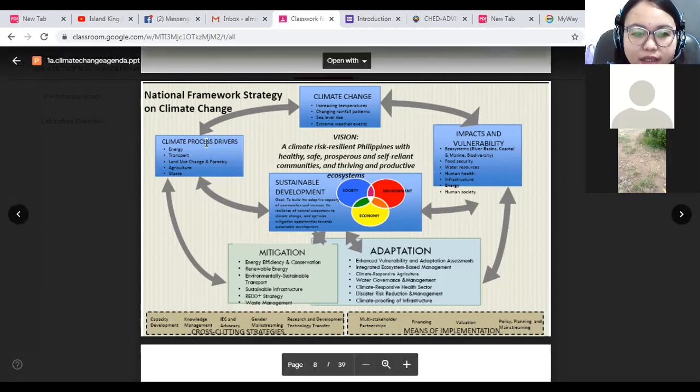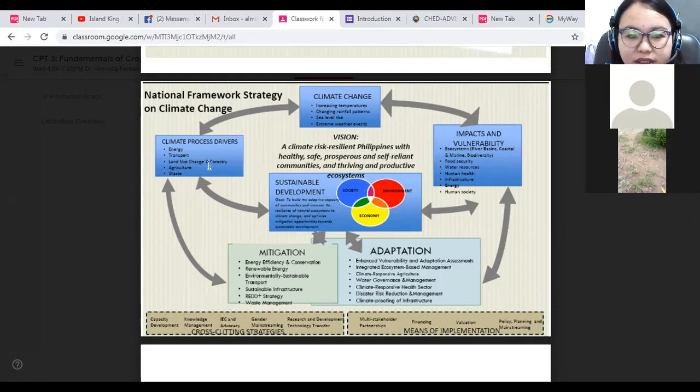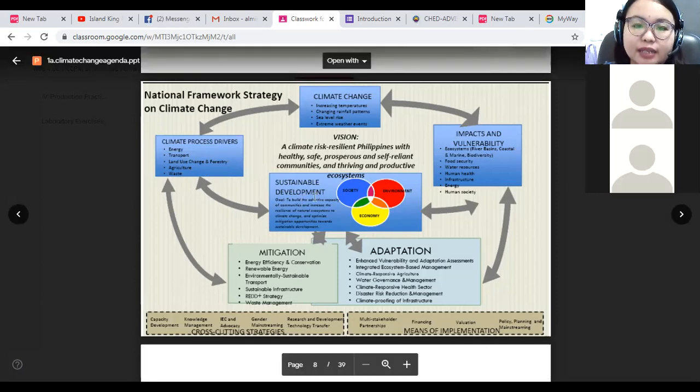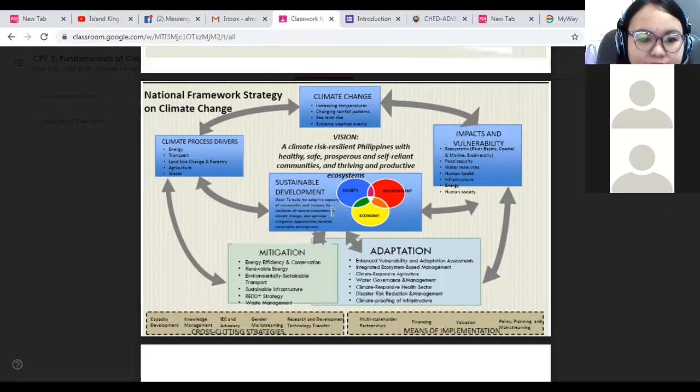So with these process drivers, the energy, the transport, the land use change and forestry, agriculture, and waste, we can come up with a sustainable development in the ecosystem with a goal to build the adaptive capacity of communities and increase the resilience of natural ecosystems to climatic change and optimize mitigation. It's too small, but I will read this to you. Opportunities towards sustainable development in the society, economy, and environment as a whole as an ecosystem.